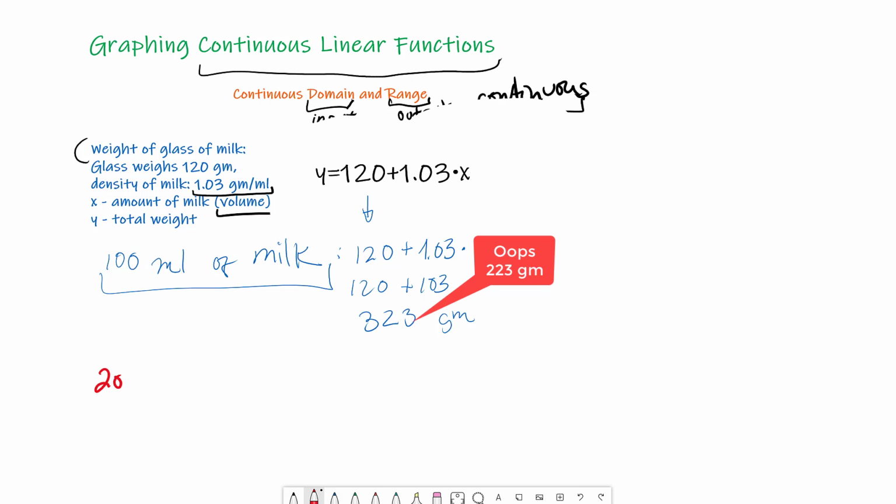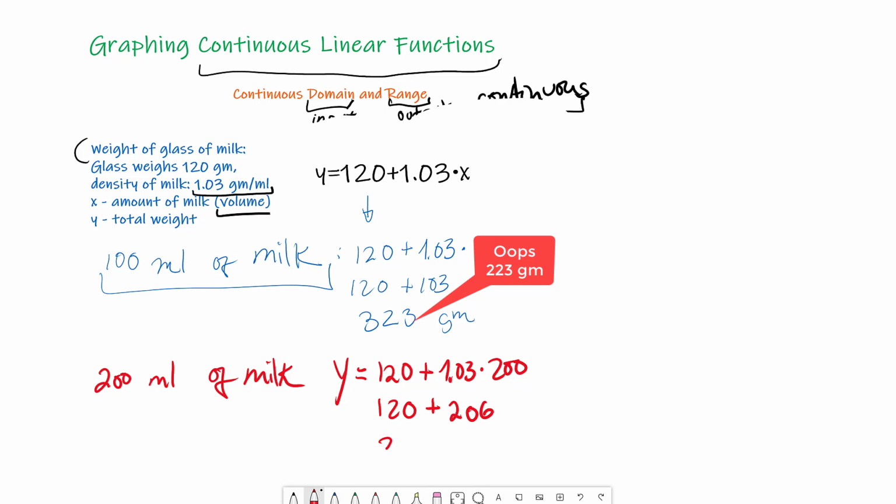Let's say we take 200 milliliters of milk. Okay, that's nearly a cup. A cup is about 250 or 240 milliliters. So say we take 200 milliliters of milk. Our total weight, y, is 120 for the glass plus 1.03 times 200. In other words, 120 plus 206, or 326 grams.